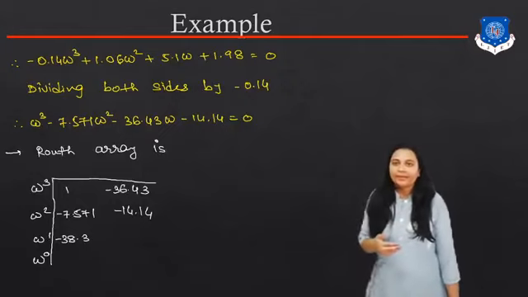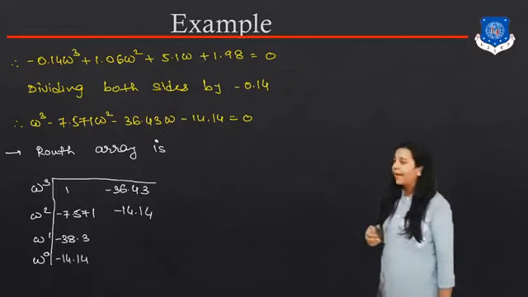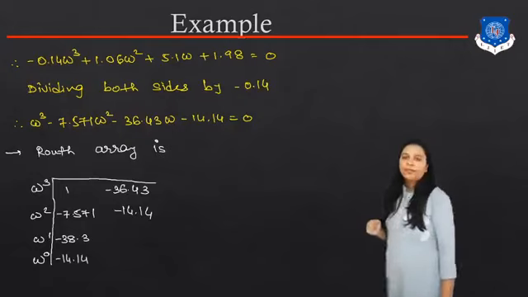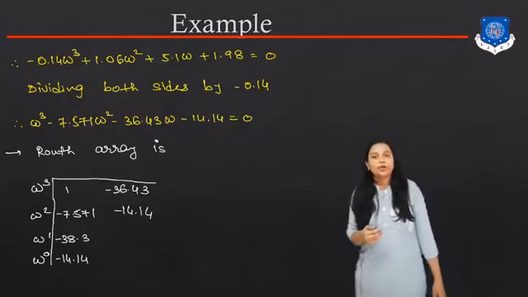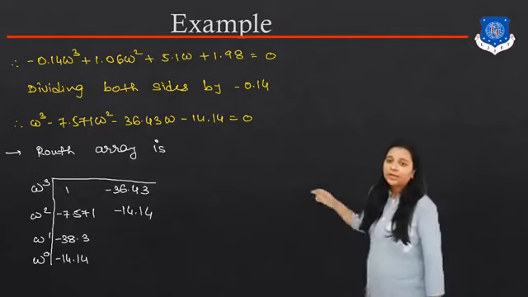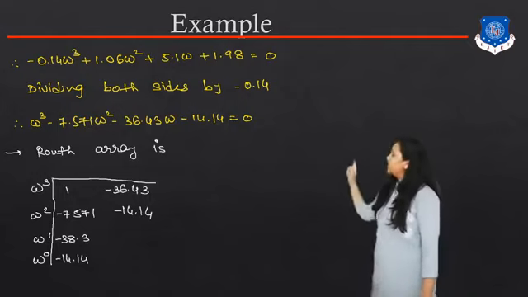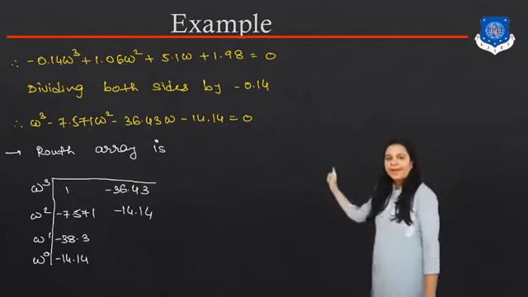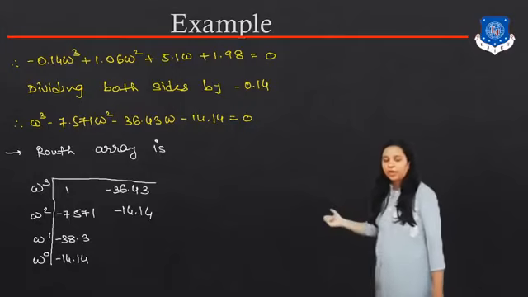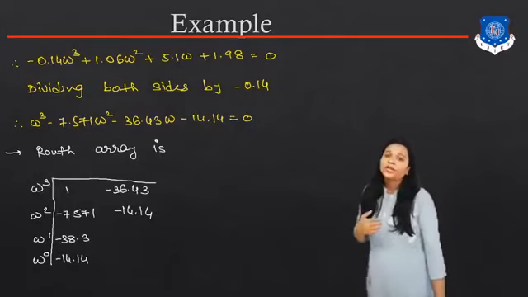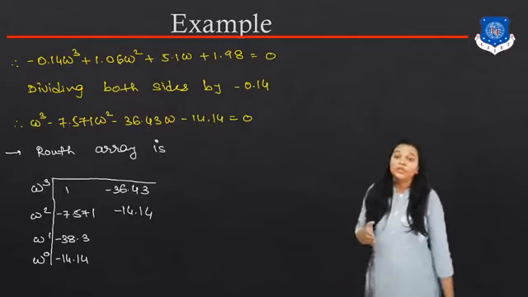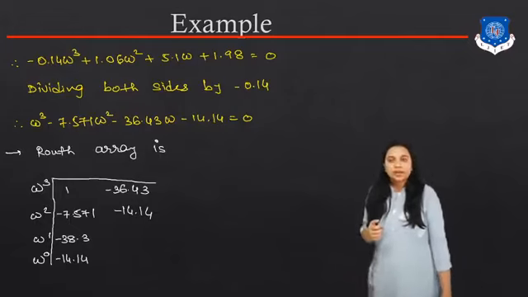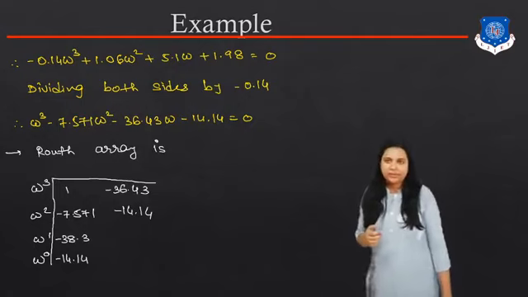Again we apply the Routh array and we get the value minus 14.40. Now we have to check the first column of the Routh array. Here you can see that there is only one sign change, plus to minus and then minus continuing, which means one root, or one pole, is located in the right half plane. So this type of system becomes an unstable system.